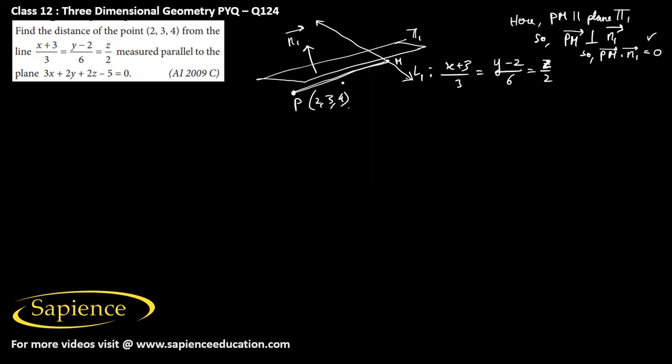And here the equation of the plane pi1 is given as 3x + 2y + 2z - 5 = 0. Therefore the normal vector to the plane pi1, n1 vector, is 3i cap + 2j cap + 2k cap.